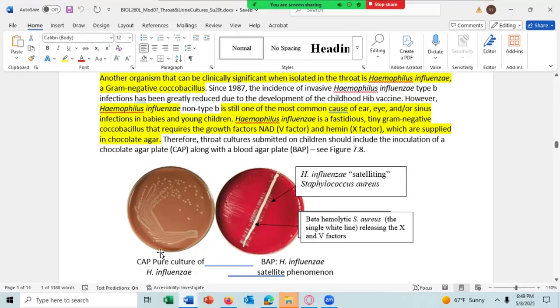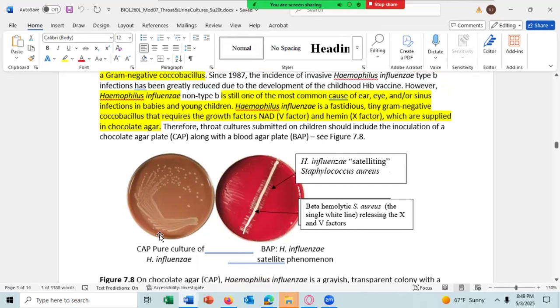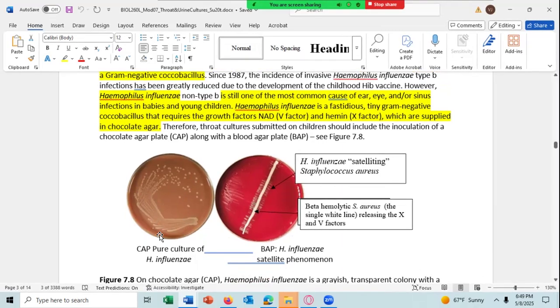So we grow a culture from the throat on a chocolate agar, and then Haemophilus influenzae will grow as shown here on chocolate agar. Remember, chocolate agar is blood agar, but instead of adding the blood after the agar has cooled to something like 50 degrees Celsius or lower, you add the blood immediately when you pull the agar out of the incubator, and that will lyse the blood, causing the agar to take on the brown appearance, making it look like you've added chocolate to the agar.